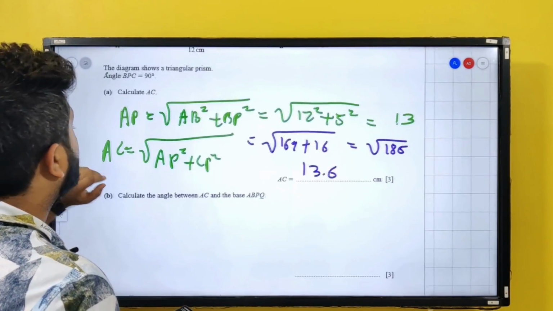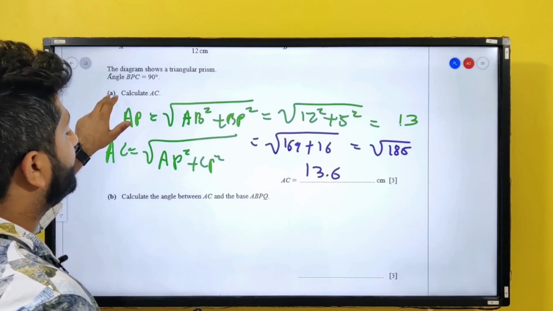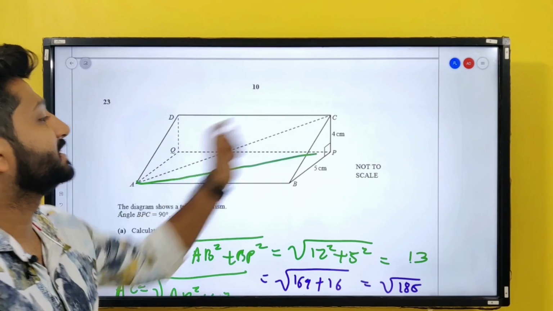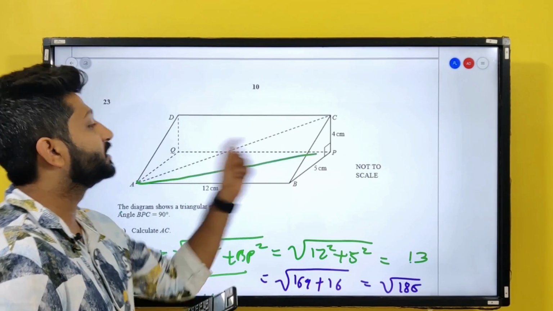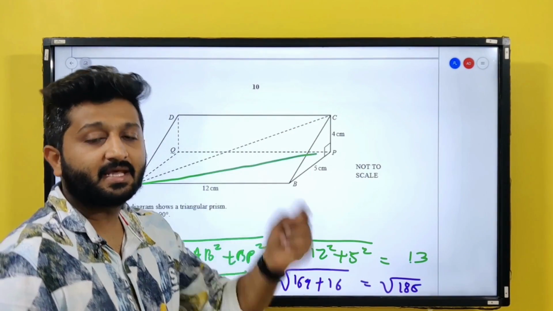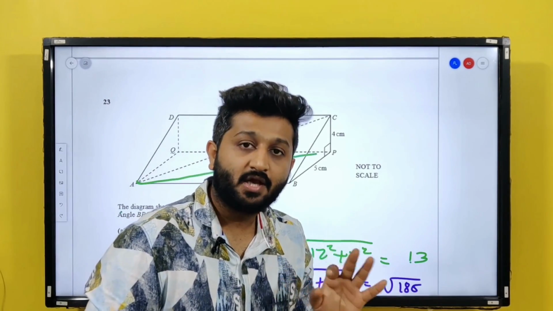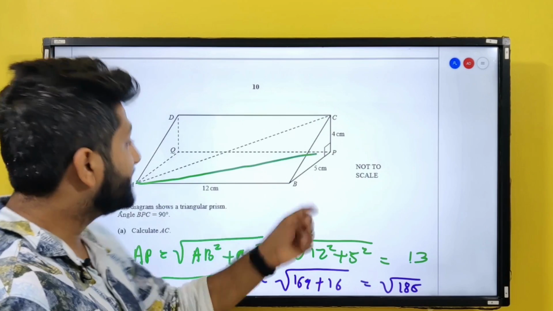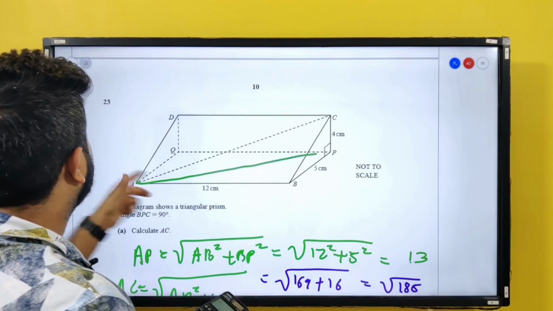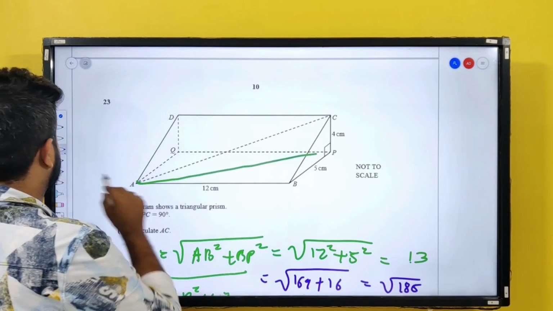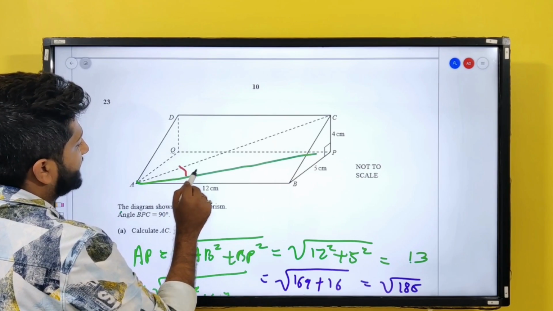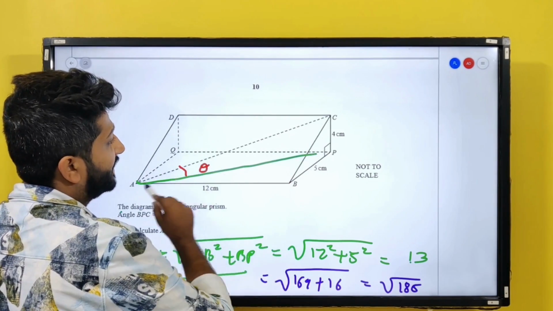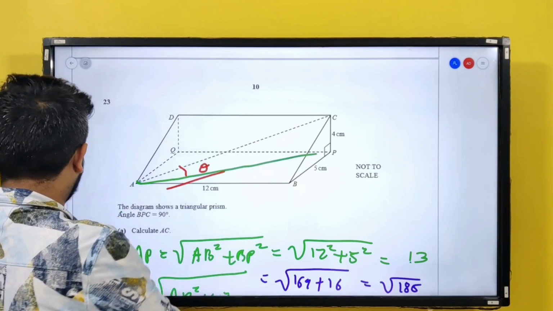Next, calculate the angle between AC and base ABPQ. Base means they are asking about diagonals. So which diagonal meets the line AC? Obviously the diagonal AP is meeting the line AC. So I am supposed to find this angle theta. See, easy. This is a right angle triangle, ACB is a right angle triangle.